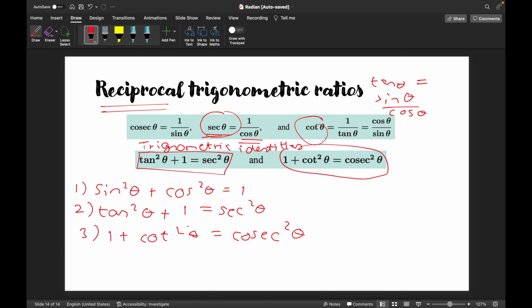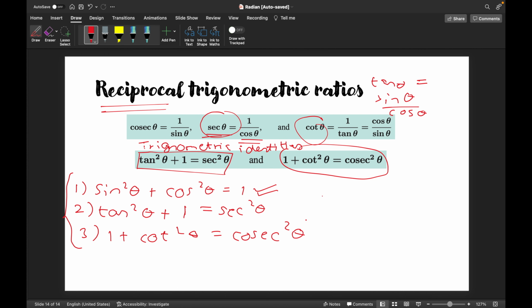Don't panic if you don't remember these. You can derive them using the first equation. It's pretty simple to remember. But if you don't remember that too, you'll have the formula sheet. In that, you'll be given all of these identities, so you don't really have to panic or worry about it. But it's going to be easier for you to remember these. It's not that complicated. It will be really helpful if you remember them.